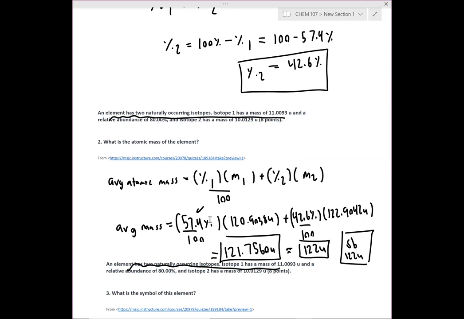Does that make sense? So you just divide by 100? And that allows you to use the percentage to calculate the weighted average of your atomic masses.